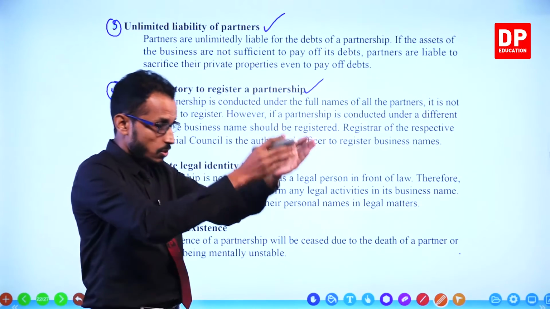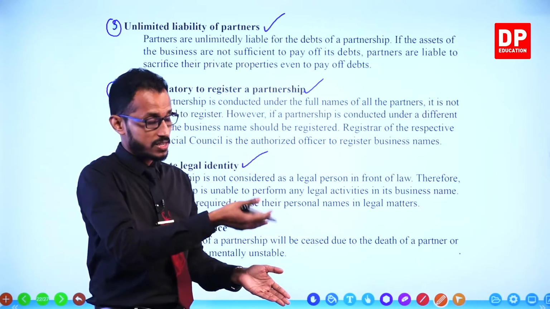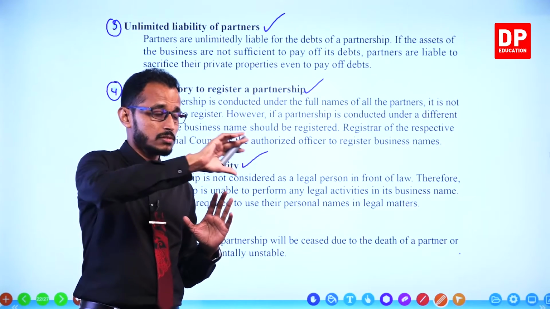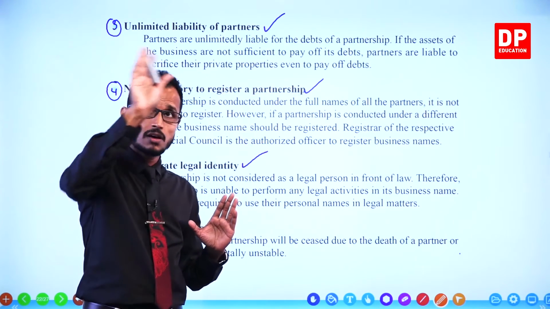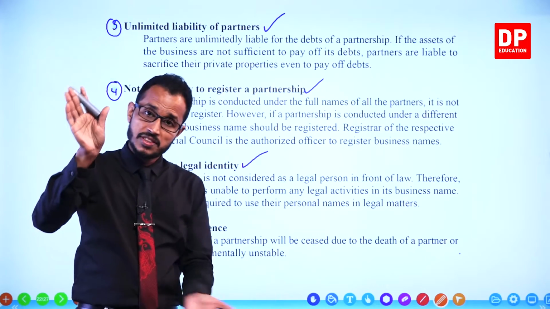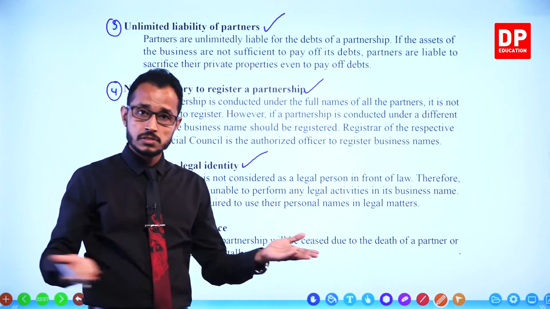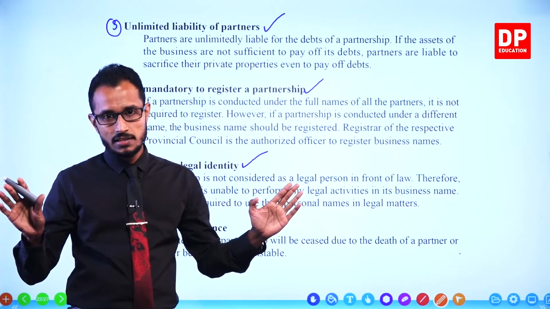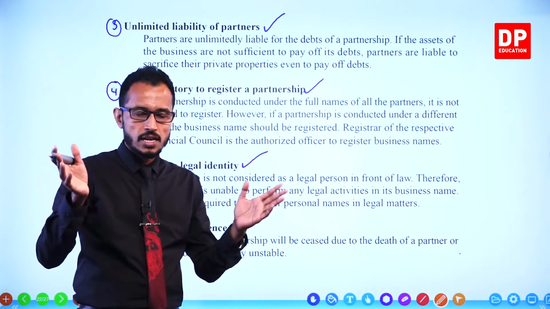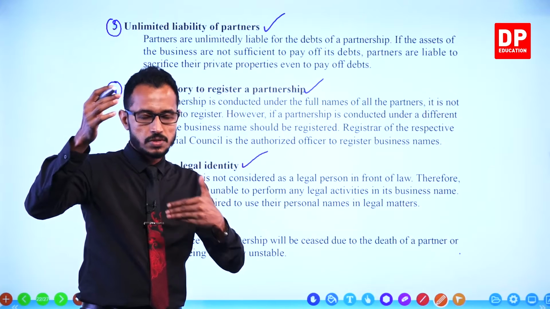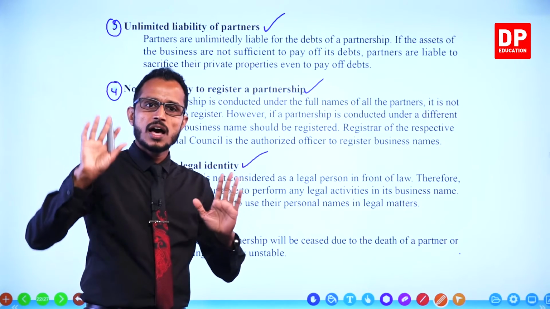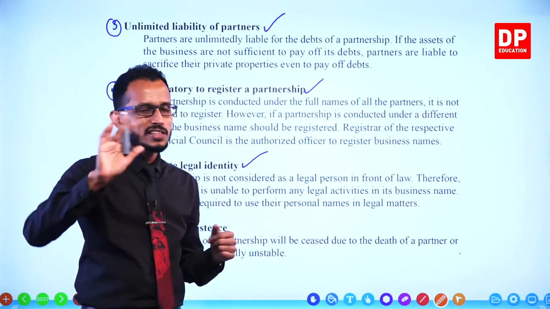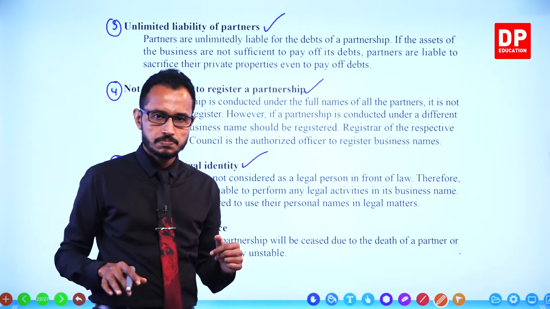That means the business is not considered a separate person. If the business is Kavishka Pathirana and Hiruna Vettasinghe Constructions, it doesn't have a legal personality. Kavishka and Hiruna, the owners, are the only legal persons of the business. The business is not a separate legal person.